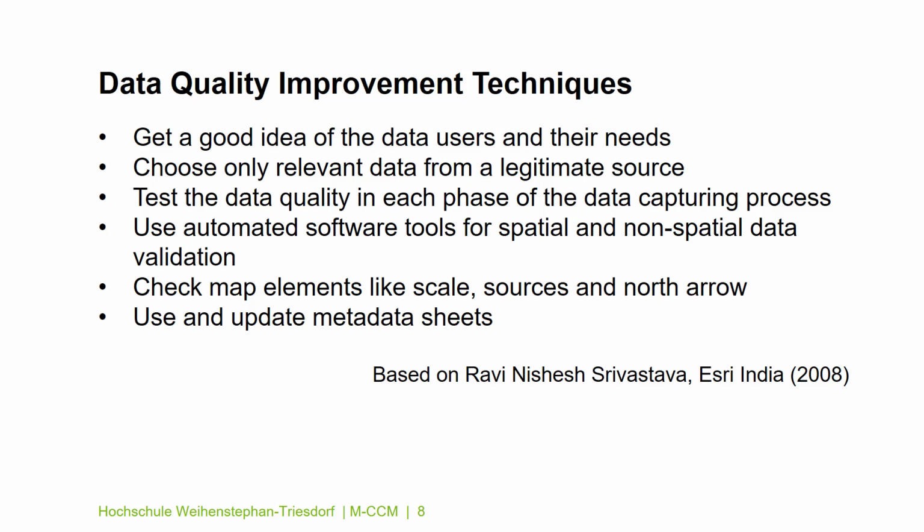I know it's sometimes a bit of a hassle to write down metadata, but it's very important for the users of the data, and you should always use and update these metadata sheets. Usually they are saved as a text file together with the geodata.